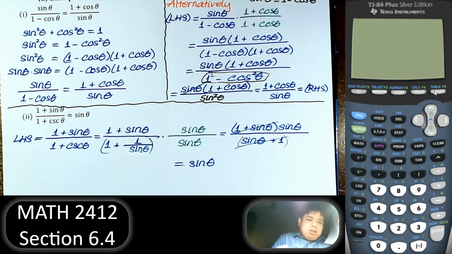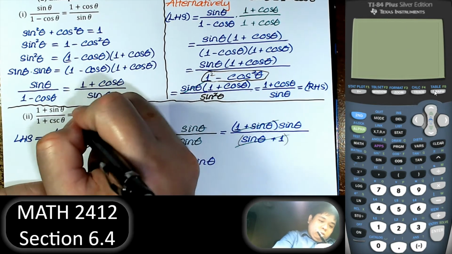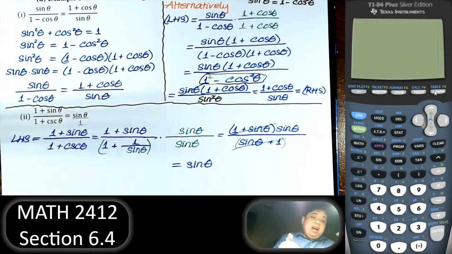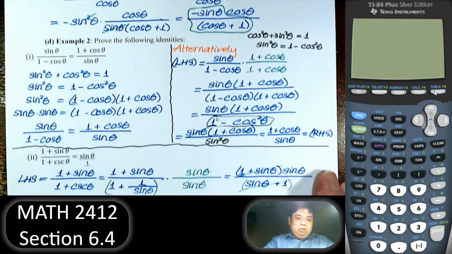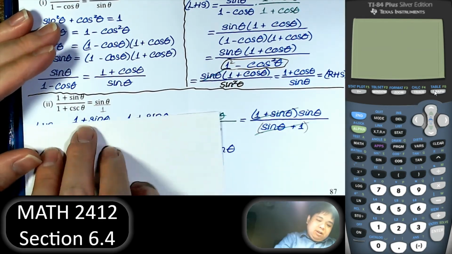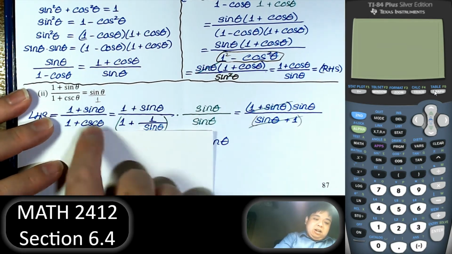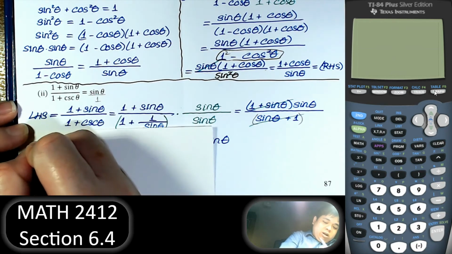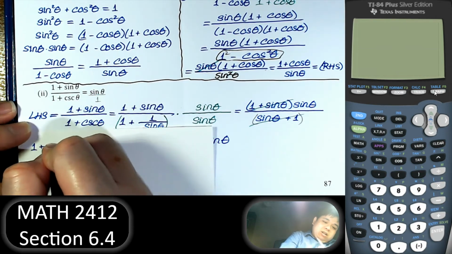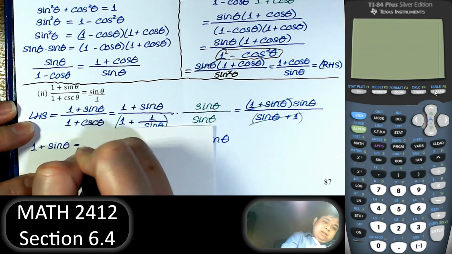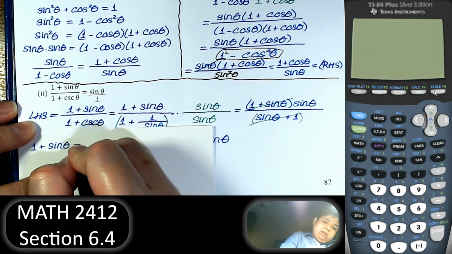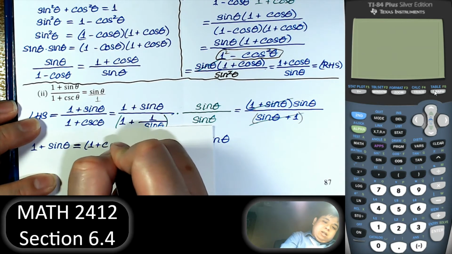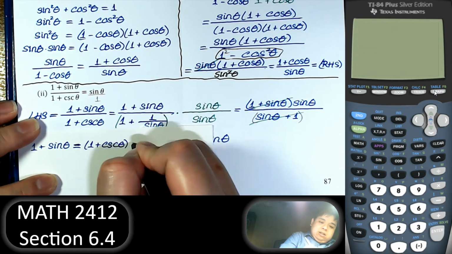Of course, there's another way to do this: you can write this over 1 and then cross multiply. Cross multiply, we have 1 times 1 is 1. Sine times 1 is sine theta. The other side is 1 plus cosecant theta times sine of theta.